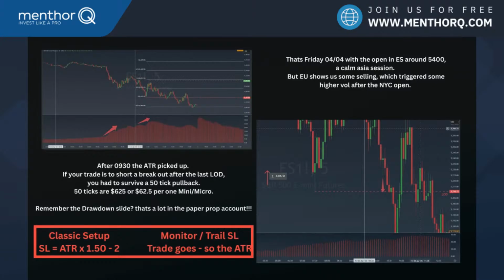But a classic setup would be SL equals the ATR multiplied by 1.5 or 2. So this is your initial SL setup for this. Then it depends, of course, what you are running as a take profit. May it be 2 times more or 3 times more.